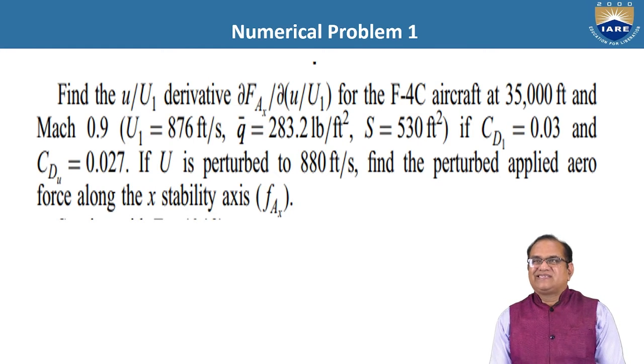0.03, and CDU, which is dCD by du, meaning the change of coefficient of drag with change in velocity, is 0.027. Previously U1 in steady state is equal to 876, but if U is perturbed to 880 feet per second, it means the speed is increased by 4 feet per second.